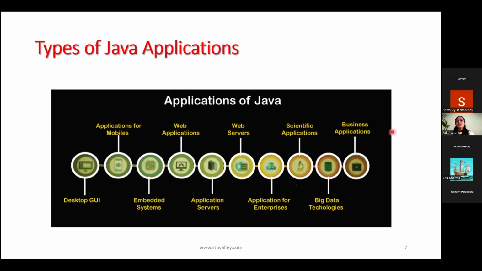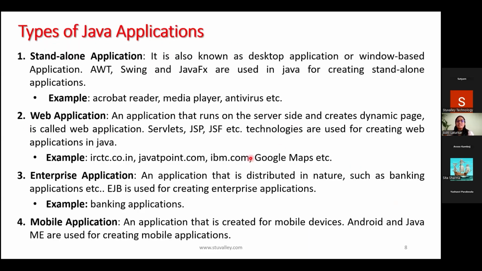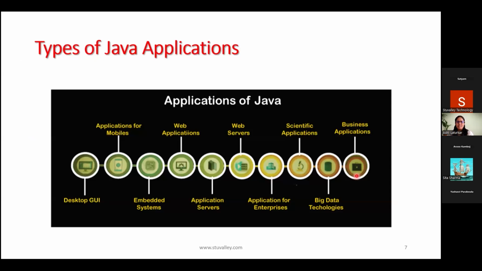Then the business applications. Business applications are nothing but any business related application. You can develop any business related application, retail, or you can say real estate business. So these are different types of applications. That means these are opening different career paths for you.